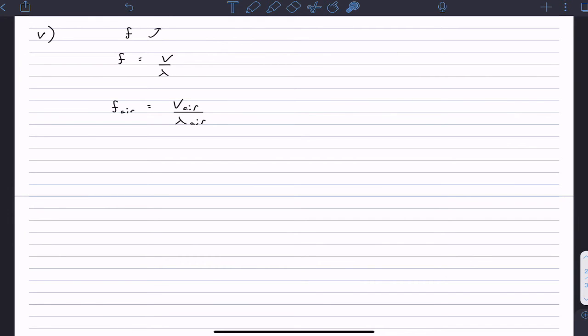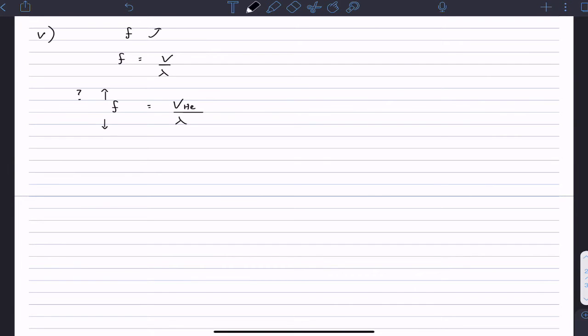Then something has to change here. If this were to increase and air stays the same, then this has to decrease. That's the inverse relationship that we have in a stable medium. But now we're talking about changing the medium, and we want to know what happens to this. Does it go up or down when we place this in helium?